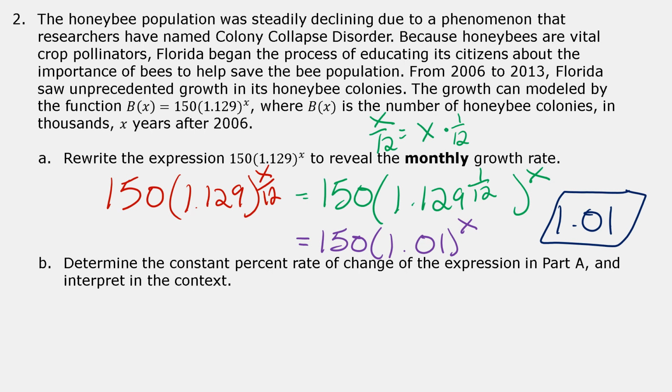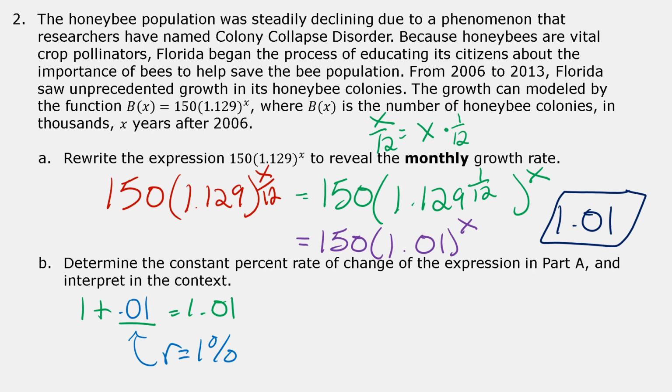All right, so now we want to figure out what R is for our last part. So 1 plus what gets me to 1.01? 0.01. So if we change that to a percentage, what's 0.01 as a percent? 1%. So in this problem, we're talking about the number of honeybee colonies.